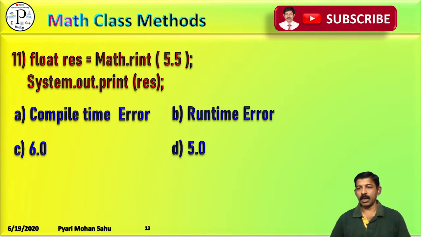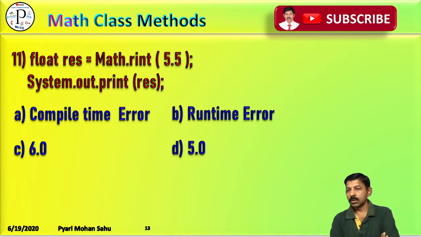Now those who are saying error, can you give me the reason for the error, or I will explain. But here we are having two types of error. Because Math.rint returns double and cannot be stored in float. As its return type is double, a higher data type. Excellent. Because return type is double.